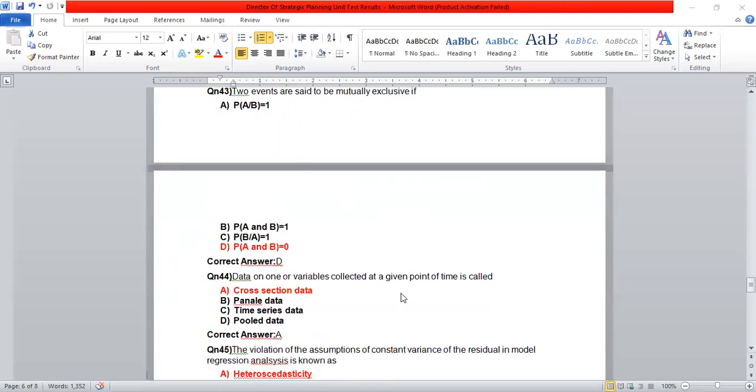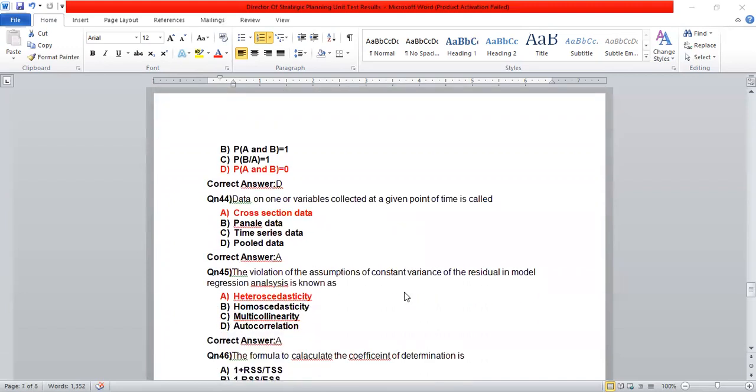Question 44. Data on one or more variables collected at a given point in time is called cross-section data. Question 45. The violation of the assumption of constant variance of the residuals in regression analysis is known as heteroscedasticity.